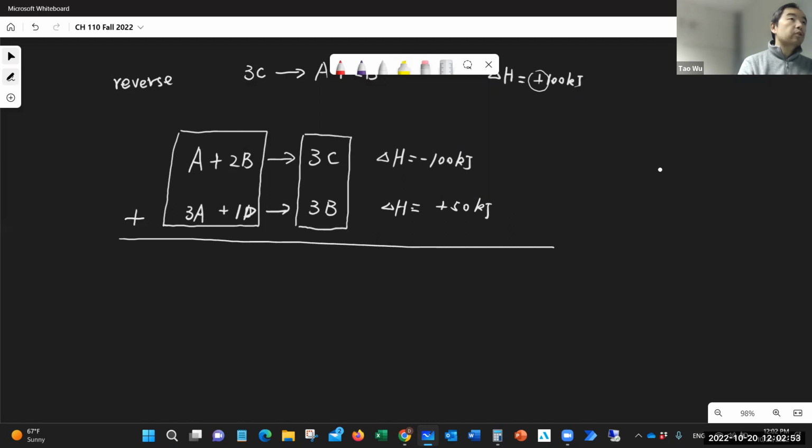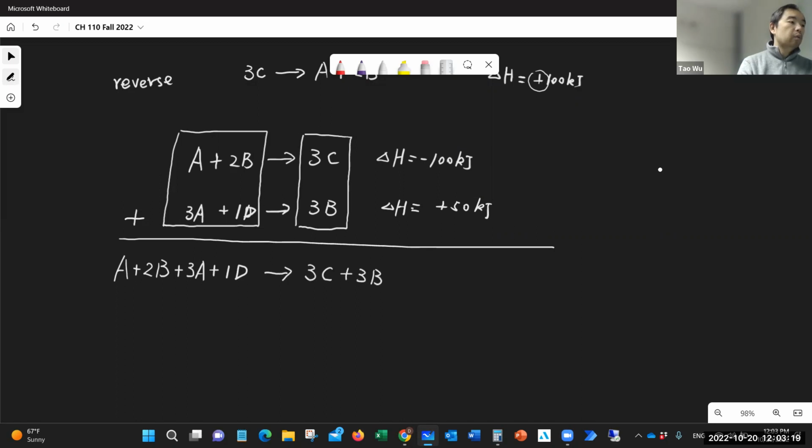In between, it's still an arrow. So everything on the left side is A plus 2B plus 3A plus 1D, and then they form 3C plus 3B.